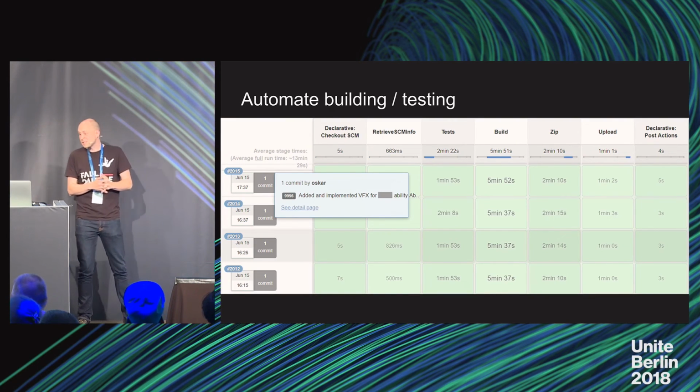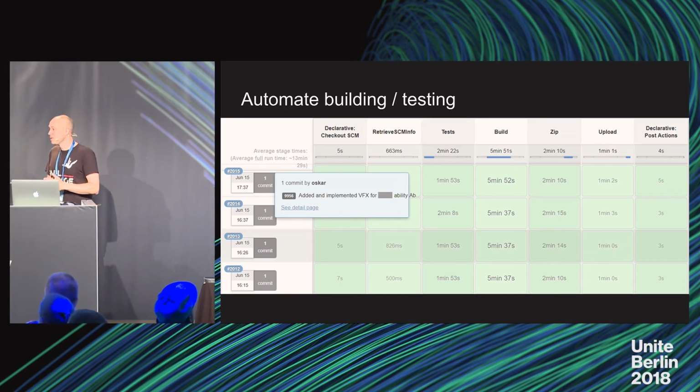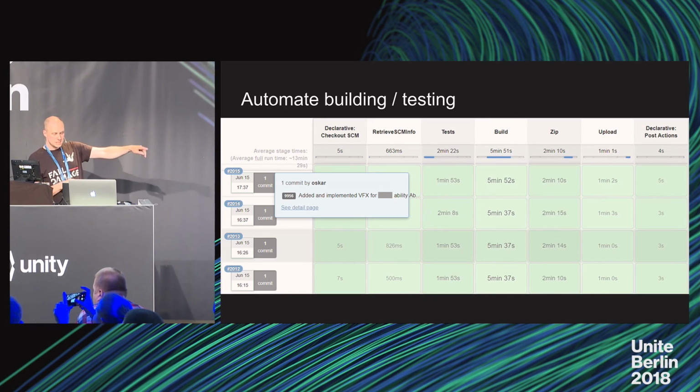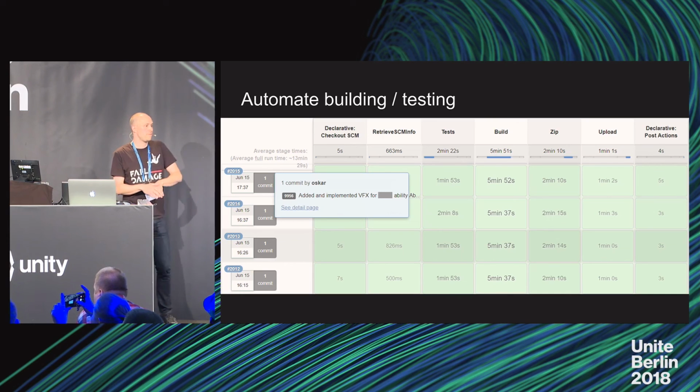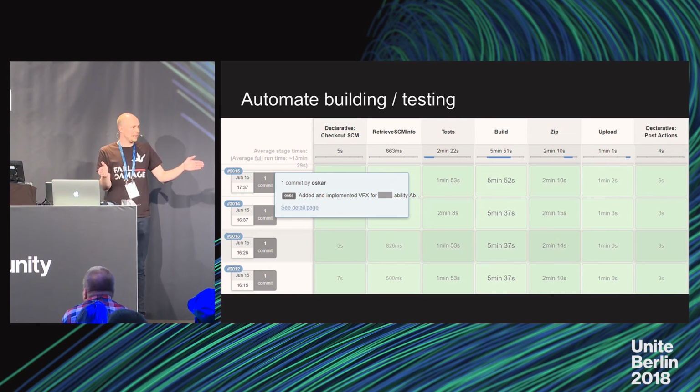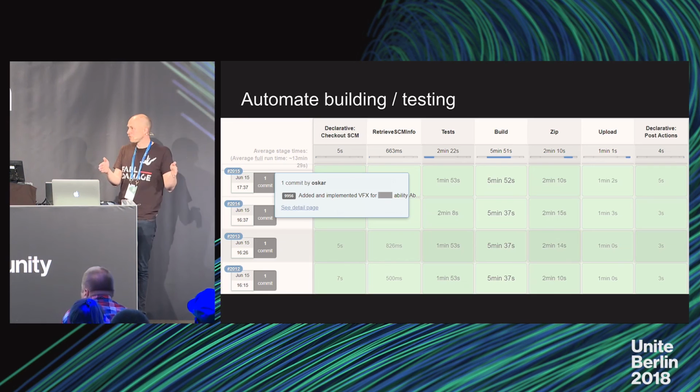What's happening here is that every single time that we commit something to source control, then this gets started. And given the timings on one of these lines, it looks like it takes about 10 or so minutes, and then we have a completed build. And you see that test step in there? It means that not only did it do a build, but it also ran all the tests for us.